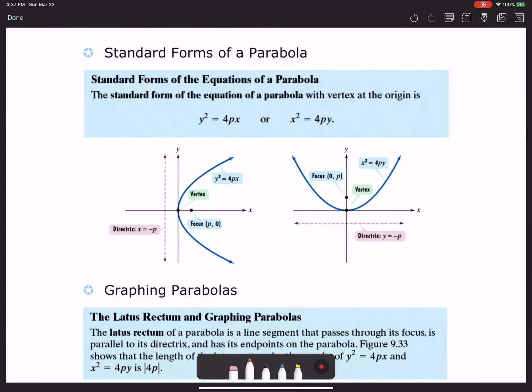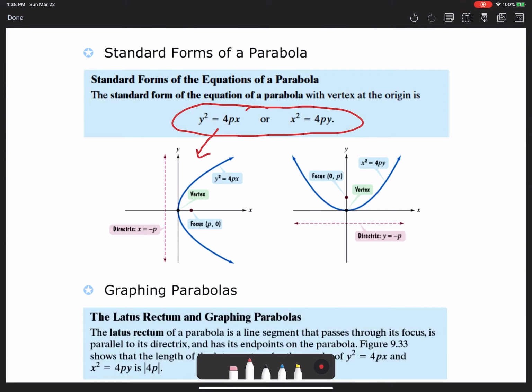The standard form of a parabola. Now this is interesting. This is different than the way that it was presented to us in an algebra class. Maybe we've never seen it presented this way before. This first equation has my y value on the left-hand side, and it's being squared, which we maybe never saw before.